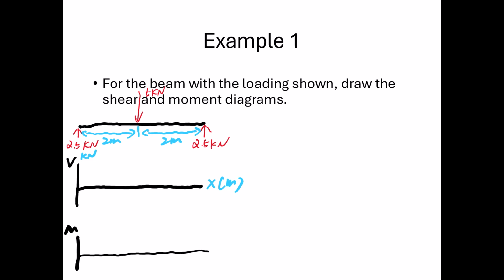And then you have a 5 kilonewton force in the downward direction. We need to move our shear diagram by 5 kilonewton. Similarly, we move forward until point B, where we have another 2.5, so we move it 2.5 upward. So that's the shear diagram.